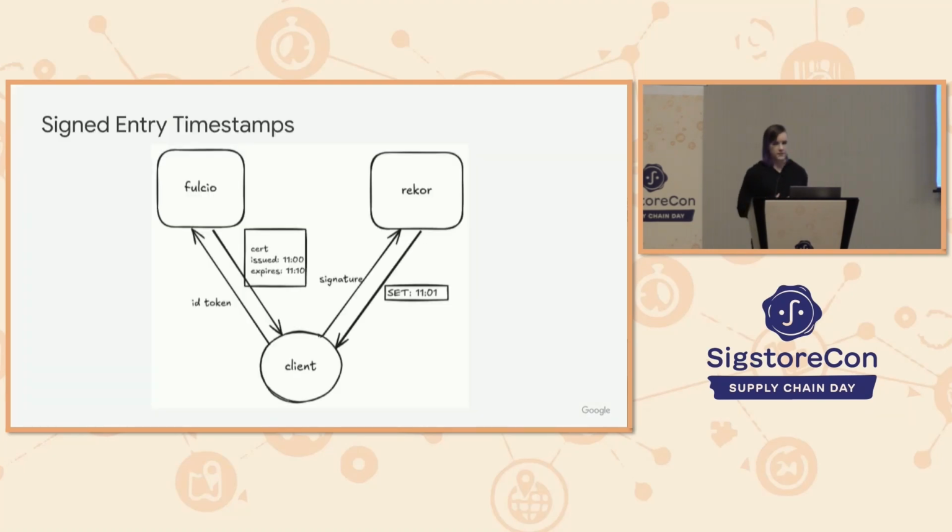And a timestamp is important for the Sigstore system because Rekor will issue a signed entry timestamp, and that's used to validate those short-lived certificates from Fulcio. So having that timestamp is pretty critical. Having a timestamp from somewhere is critical to how those ephemeral signing processes work. And a lot of clients are relying on Rekor to be the one providing that timestamp.